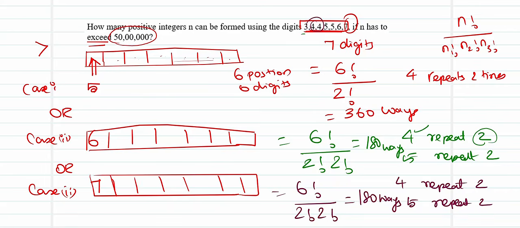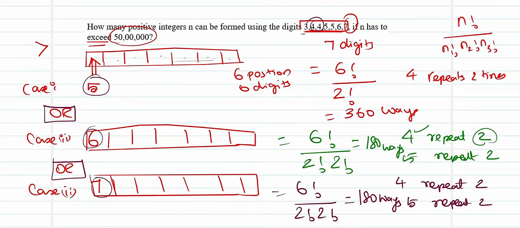So the total number of ways in which this can be represented is either with 5 or with 6 or with 7. Whenever we have 'or', we go for the sum rule, which says that the total action can be done in the addition of ways.